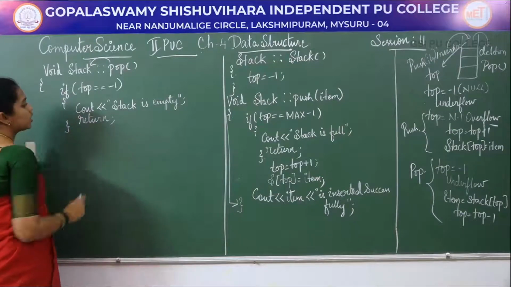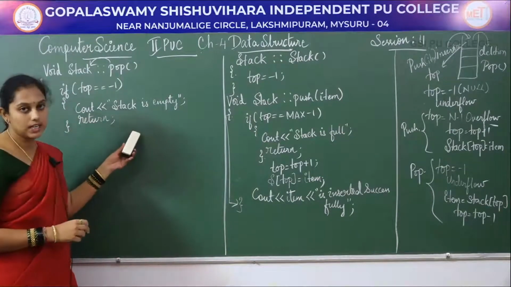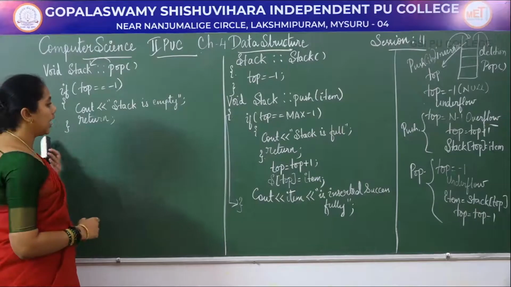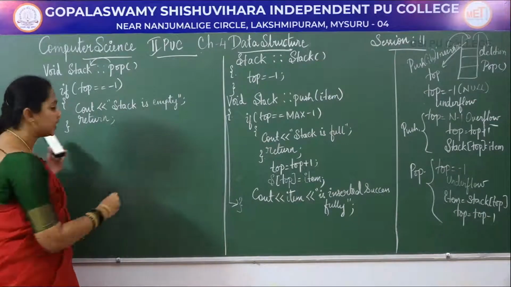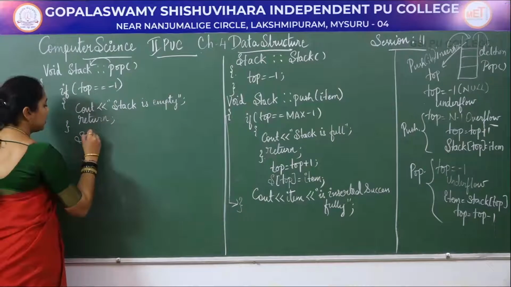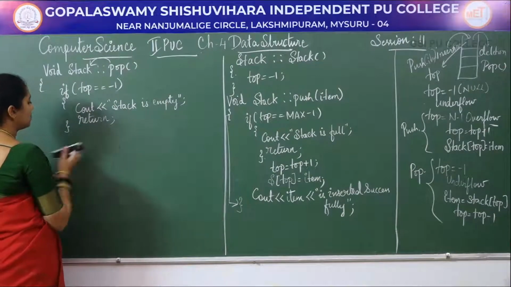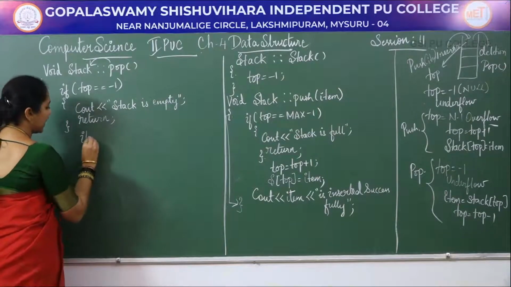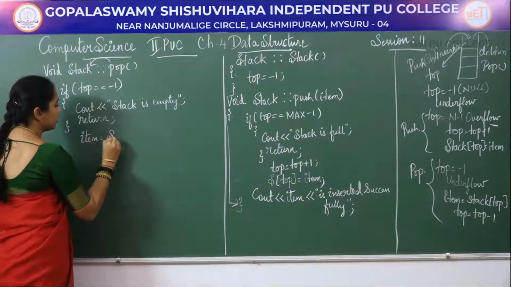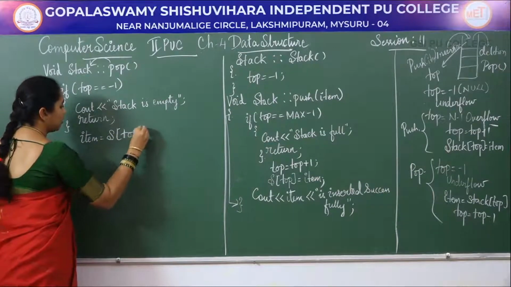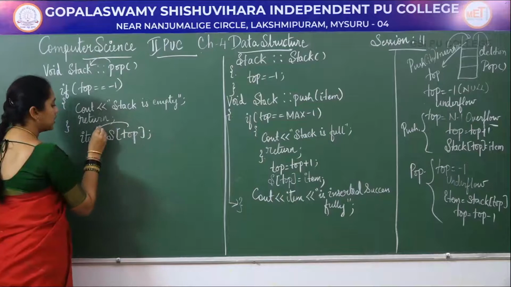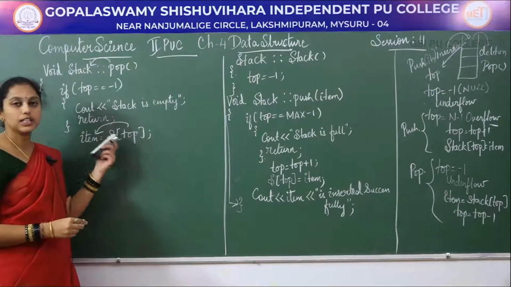If it is not in the empty state, then we can remove an item from the top of the stack. Item is equal to S of top. We are removing an item from the top of the stack.